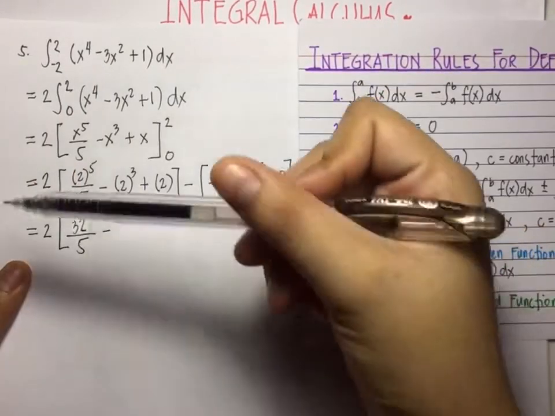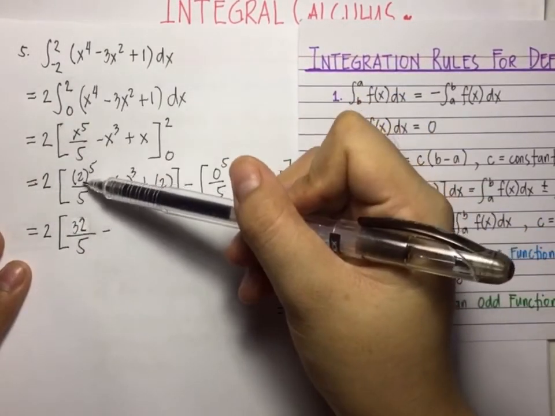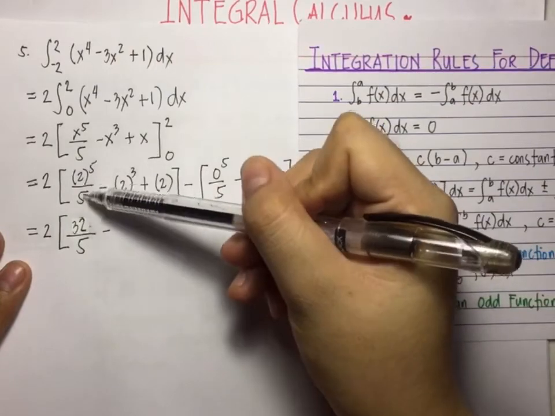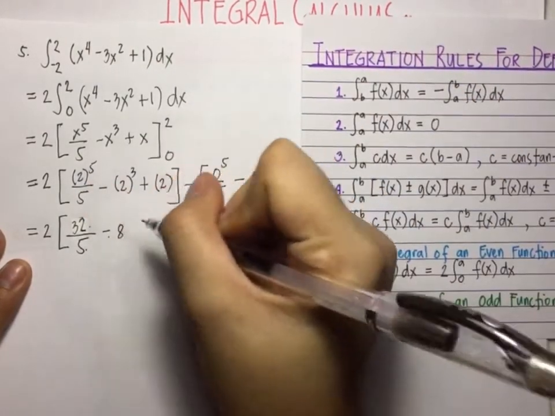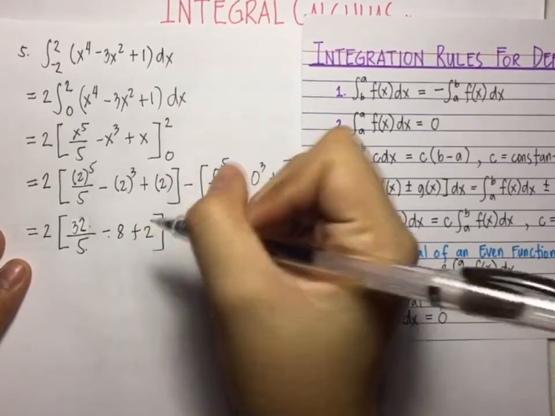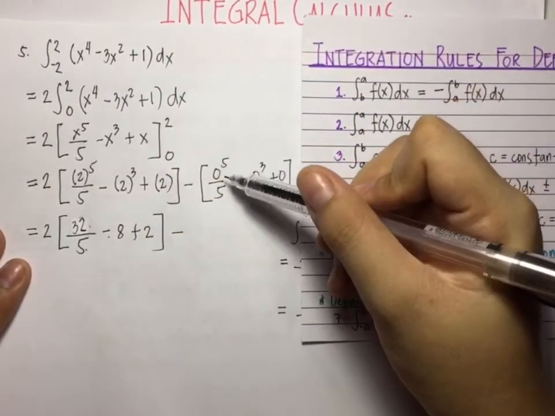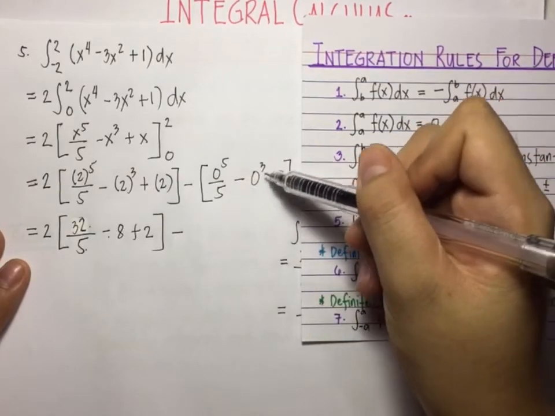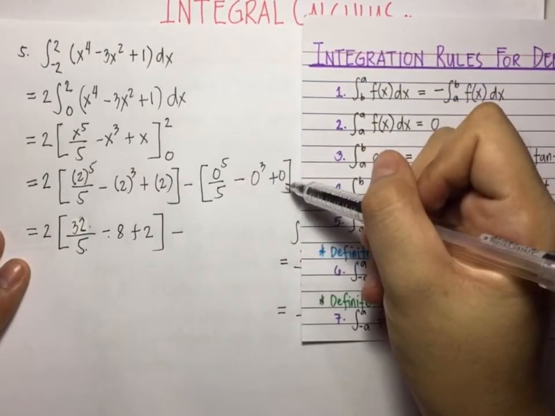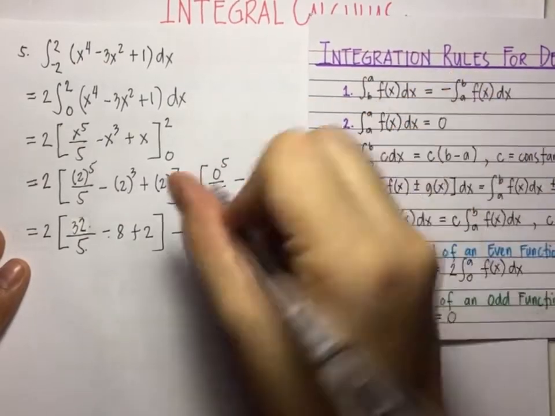Then simplify, we copy 2 times 2 raised to 5 is 32 over 5 minus 2 raised to 3 is 8 plus 2, minus 0 raised to 5 is 0 divided by 5, 0 minus 0 cubed 0 plus 0 is 0.